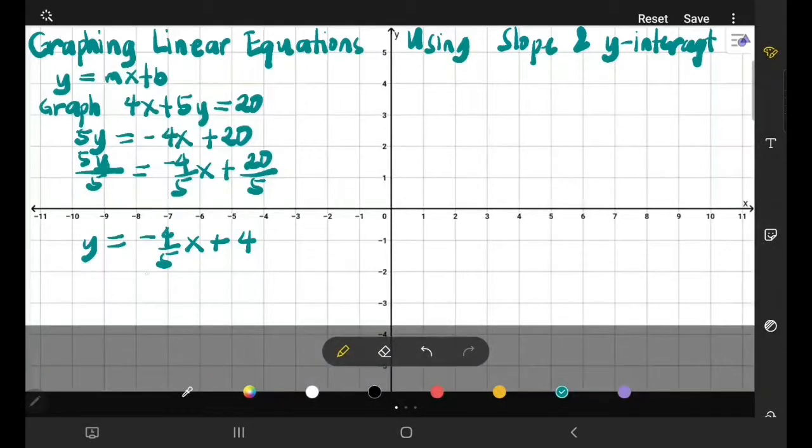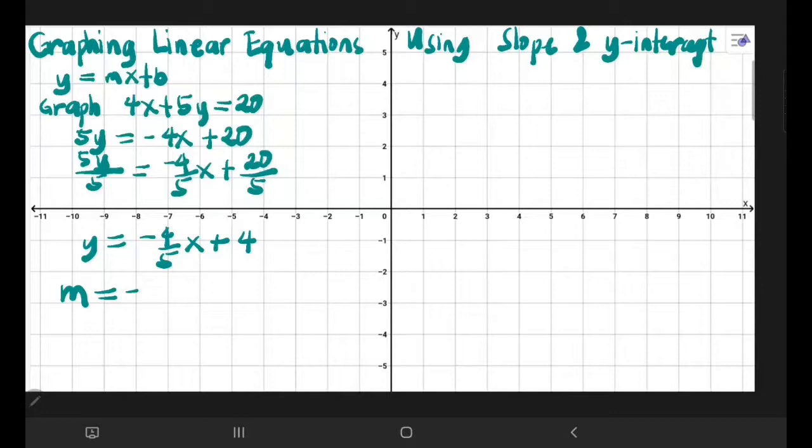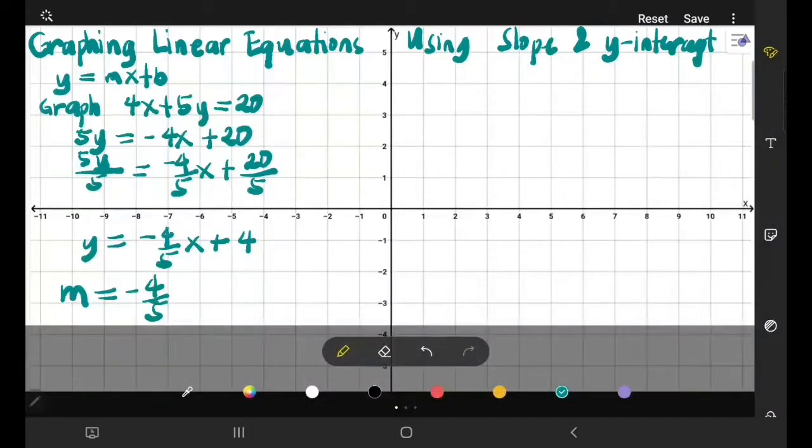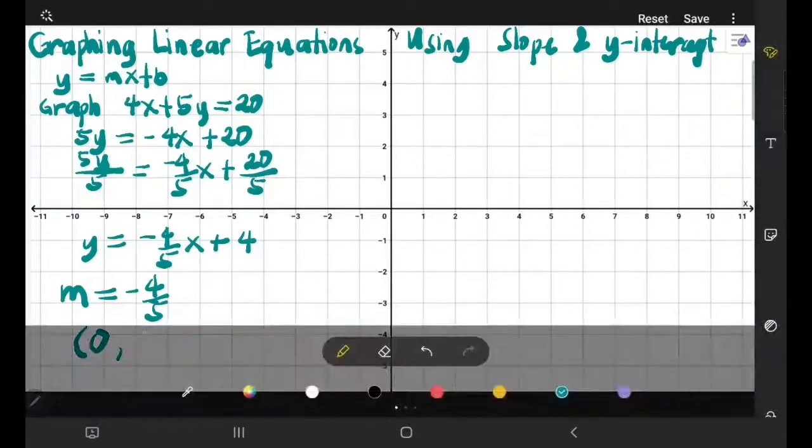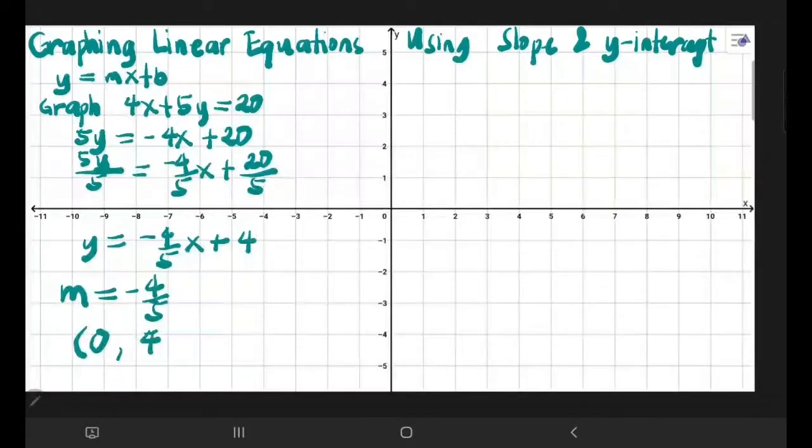Okay, so negative 4/5, class, that is your slope. And then your 4 is the b for the y-intercept. So your y-intercept would be (0, 4).